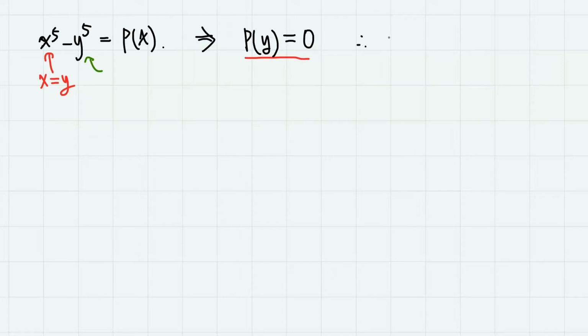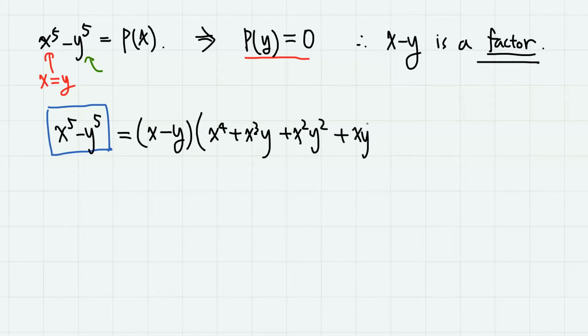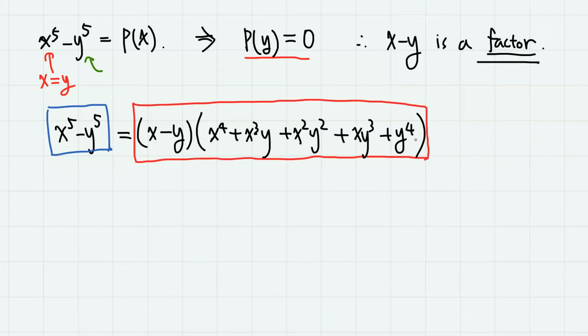This means that x minus y is a factor, which is the essence of the factor theorem. So we know that the polynomial contains a factor x minus y, and the rest can be found by carrying out the division. You can use long division or synthetic division, whatever you want, and we obtain x to the 4 plus x cubed y plus x squared y squared plus xy cubed plus y to the 4. And this is the answer.